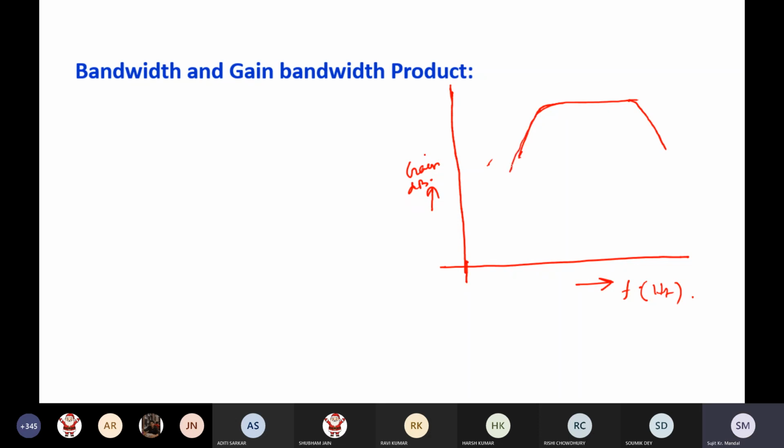This is the frequency response characteristic when the feedback network is not connected, and this is the maximum gain over the bandwidth, and this is the 3 dB point. This is the lower cutoff frequency FL, and this is the upper cutoff frequency FH.